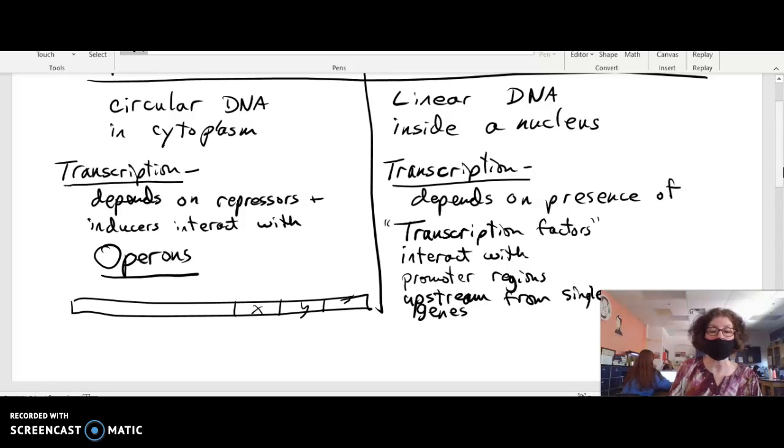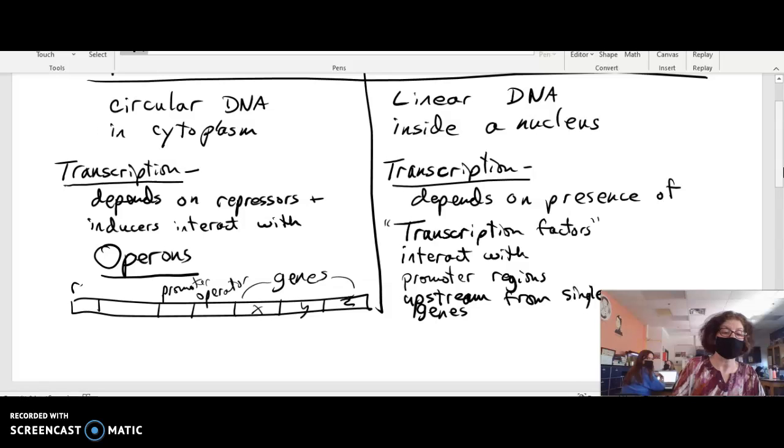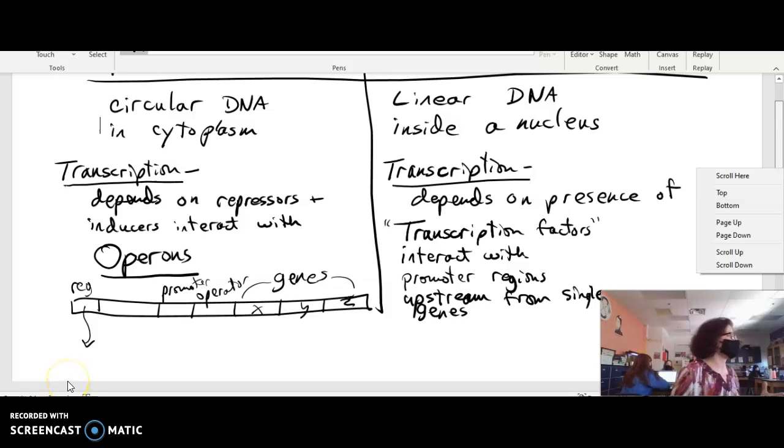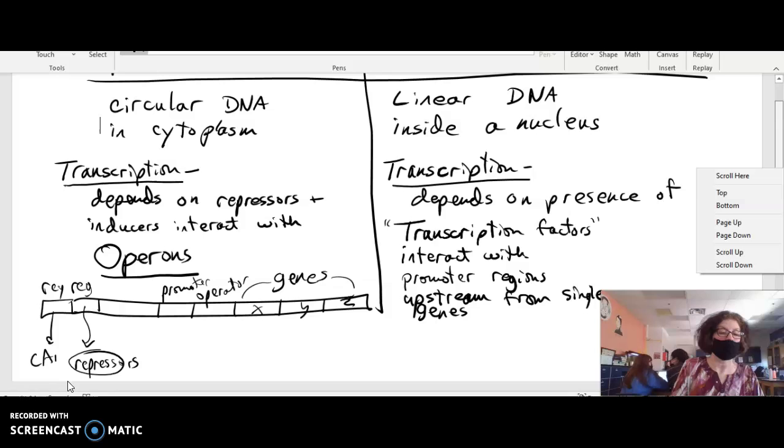You might have X, Y, Z genes, several of them, with upstream a single promoter and maybe an operator here, and regulatory genes right here that may be making things like repressors and things like that, right? Repressors come from regulatory genes, or you might even have an activator that comes from another one, like the lac operon, which makes CAP. Remember that?